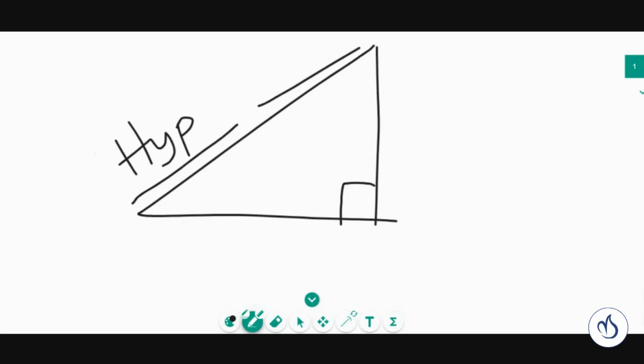Here, I want to give it an unknown, so let me call it Z. I have these other two shorter sides, and they are making angles with the hypotenuse.